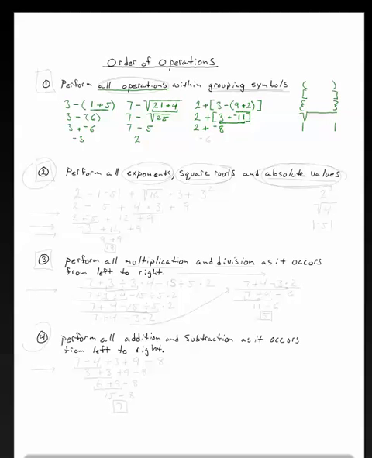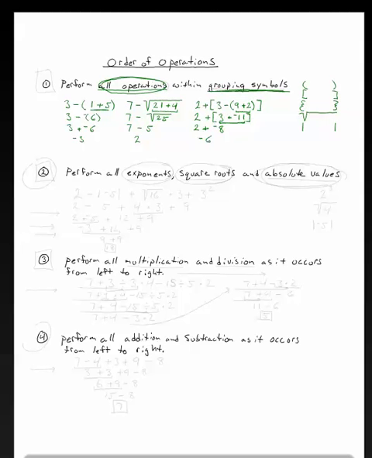And since it's just a single negative 8, you could keep your brackets around the negative 8 if you wanted to, but it doesn't really change the number. So we can drop them once there's no more operations. And now we say 2 plus negative 8, which is negative 6. So we always perform all operations within grouping symbols first.